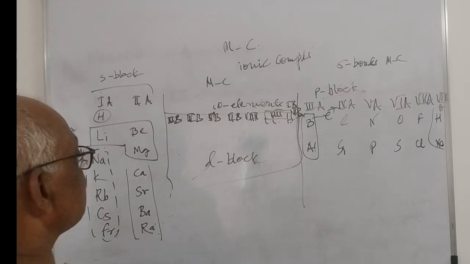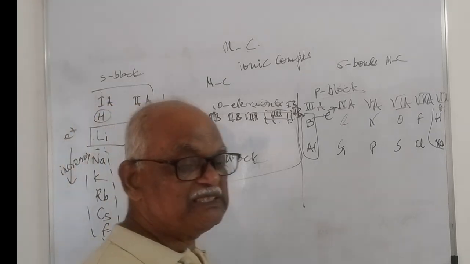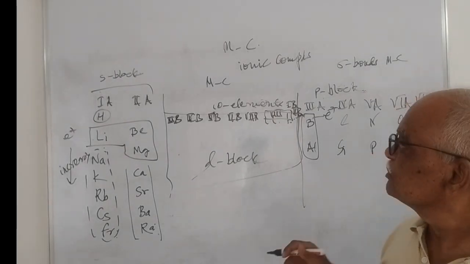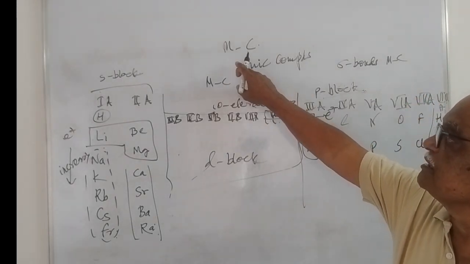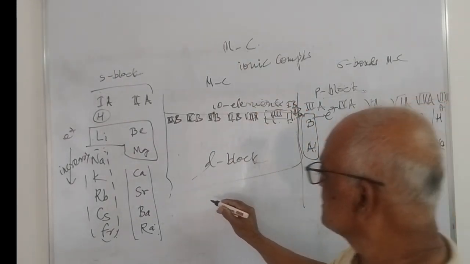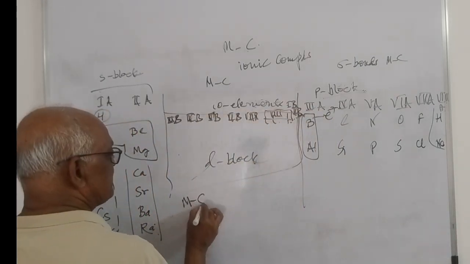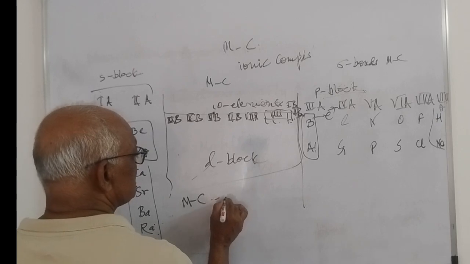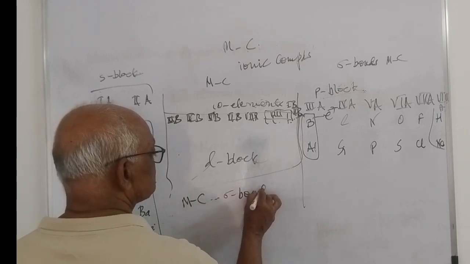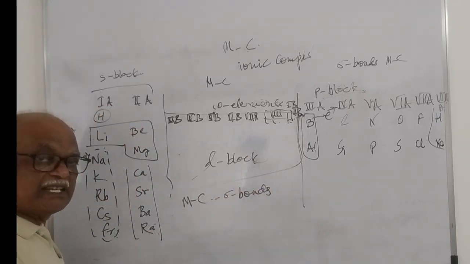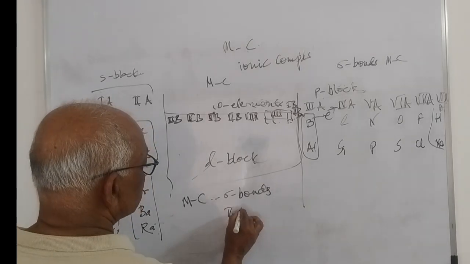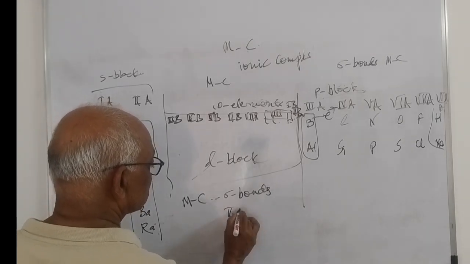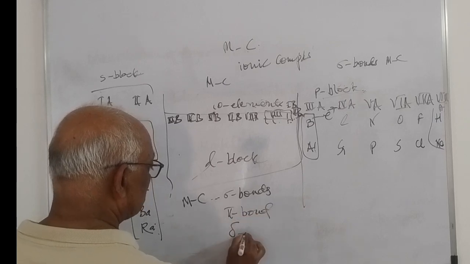So in these elements, their electronegativities are suitable to clearly define the nature of the metal-carbon bond. The metal-carbon bond in this case shows that they can form sigma bonds, similarly metal pi bonds, sometimes metal delta bonds.